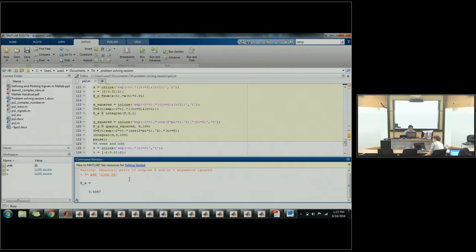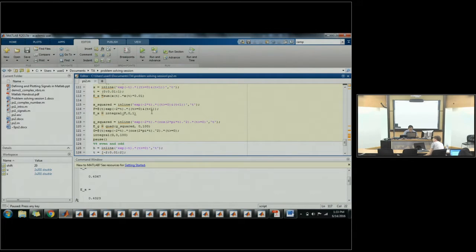Another thing that we can do is we can use the function quad or integral in MATLAB. It computes the actual integral that you do by hand in your course. So first you supply a function name, then the lower limit of the integral, and then the upper limit of the integral.